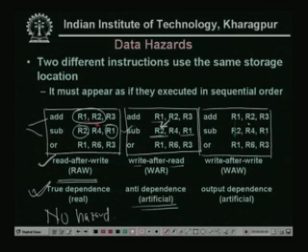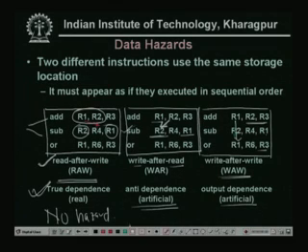So here the R2, R3 values are added and kept in R1, and again R6, R3 are ORed and kept in R1. So R1 is a write after write, in the first instruction, add, and the third instruction, OR. So again this is a write after write, this is also output dependence, and this is artificial.